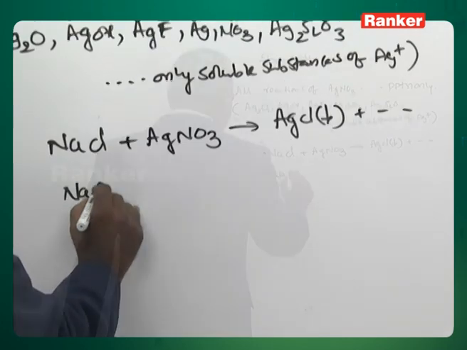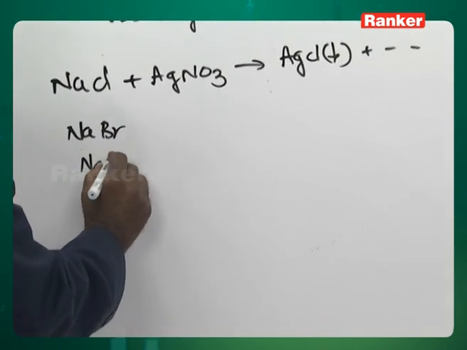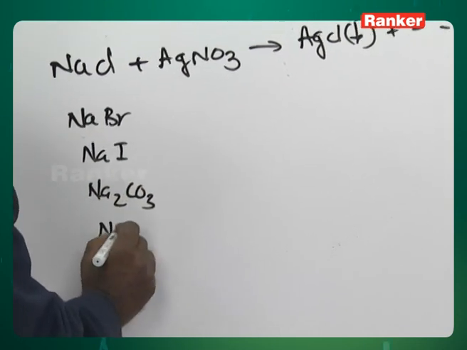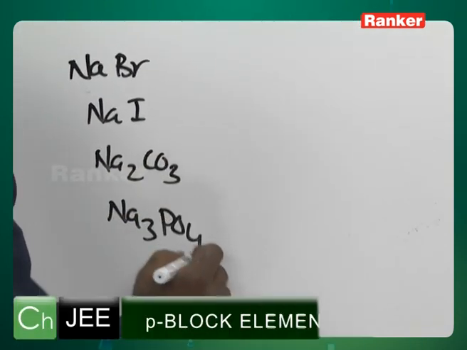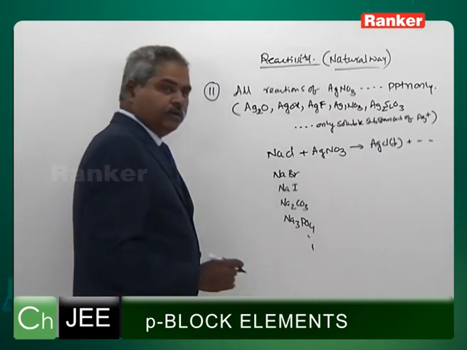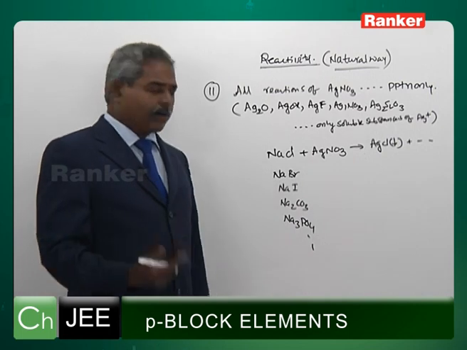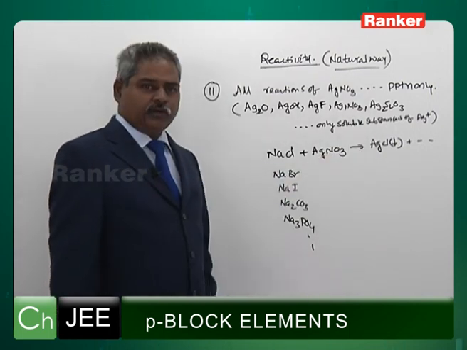NaCl, NaBr, NaI, Na2CO3, sodium carbonate, sodium phosphate. So anything, phosphate, sulfate, chromate, dichromate, permanganate, whatever that is, all of them are insoluble.